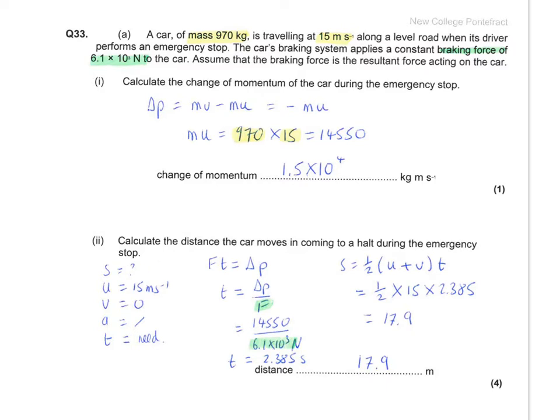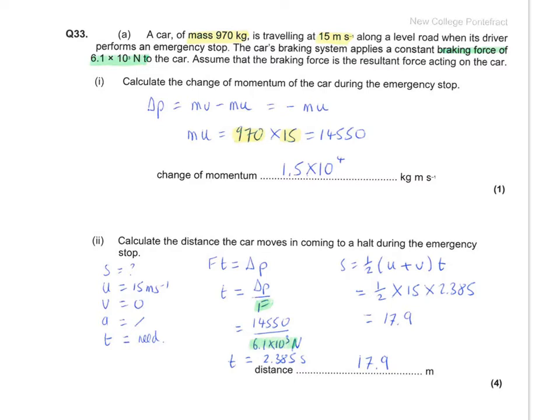S, the displacement, is what we want to know. We have an initial velocity of 15 meters per second, a final velocity of 0, an unknown acceleration, and unknown time. This is too many unknowns to proceed to find the displacement S. So we need to look for an alternative way to find one extra piece of data, the time.